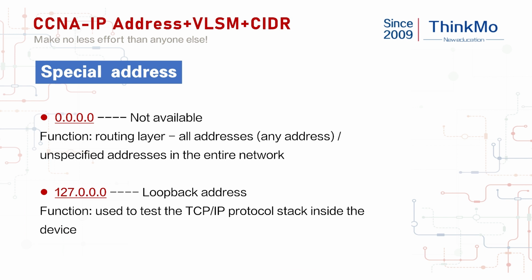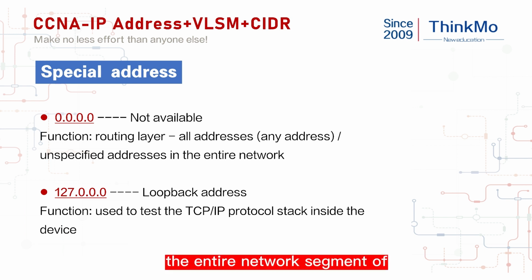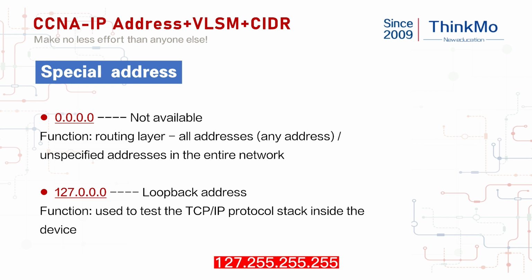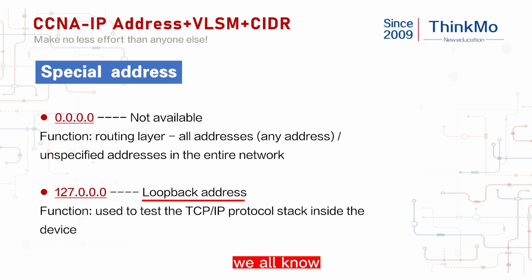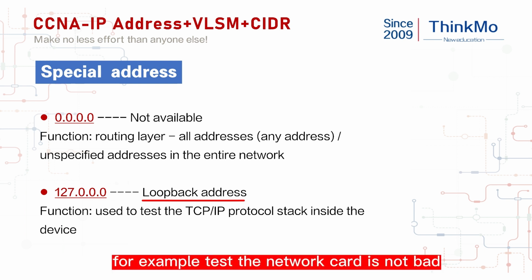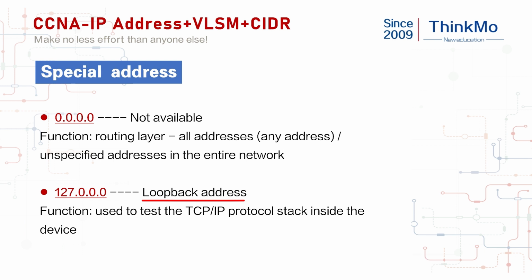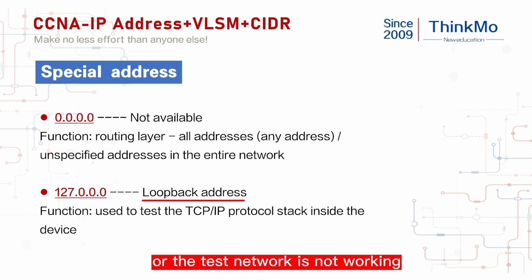127.0.0.0. It refers to the entire 127 network segment, extending to 127.255.255.255. It's called a loopback address. We all know 127 is for testing, for example, testing whether the network card is bad, or whether the network is working.